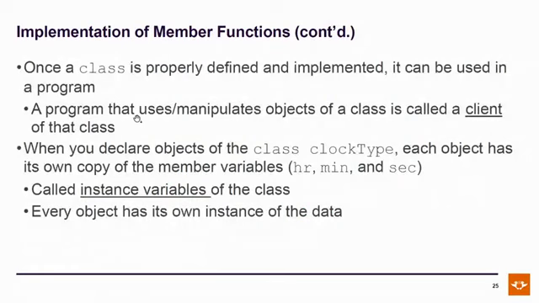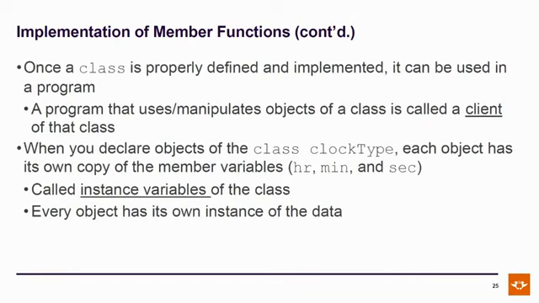Once the class is fully defined, you can use it in a program, and someone that's using your class is called a client of that class. So we must now shift our perspective. We're not just creating programs to achieve one particular goal. We're trying to create reusable data structures that other people might want to use. For example, if you create a really good clock class, maybe any program that needs a clock will want to use it.